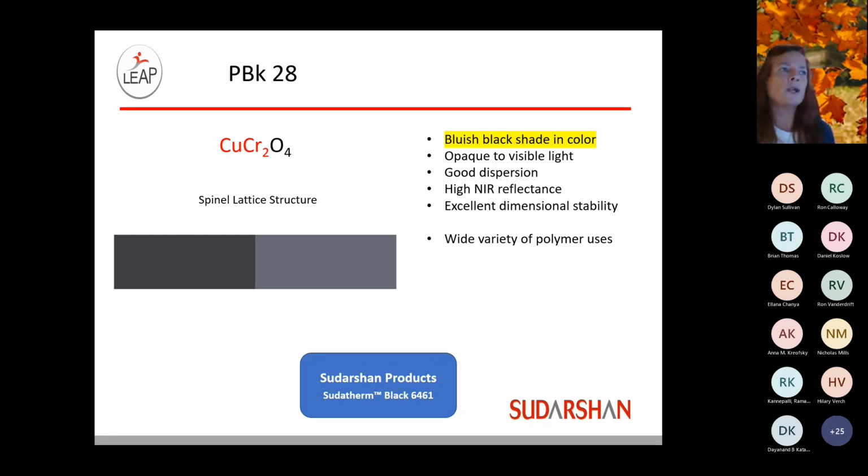This has very good IR reflectance, so it does provide a lot of uses for coatings in terms of cool coatings for heat management, as well as in plastics to help with some recyclability as well. And we've recently introduced this color index into our line. It is Sudatherm Black 6461.